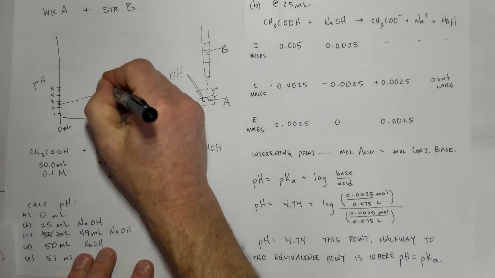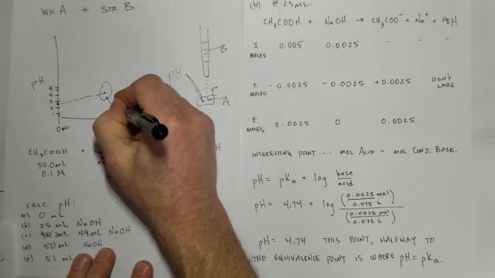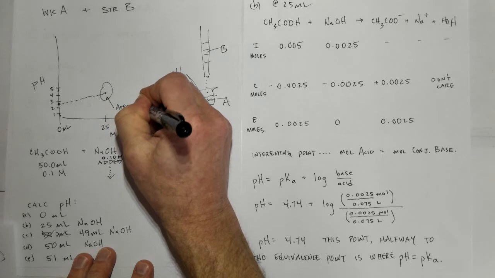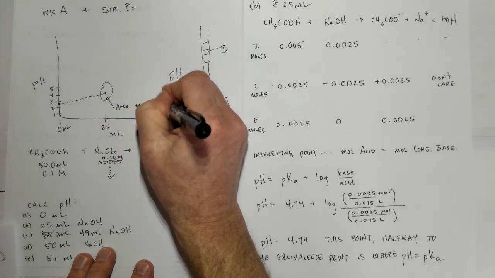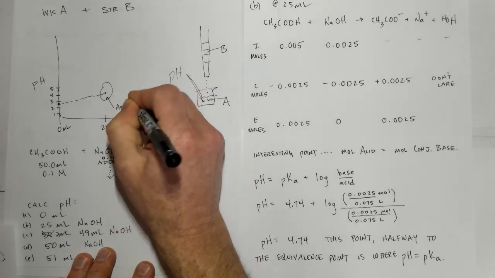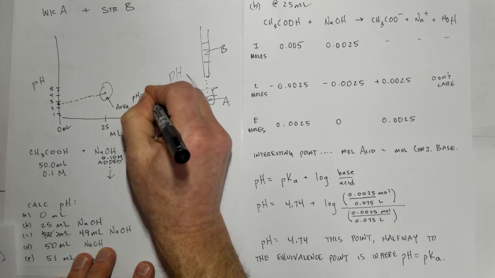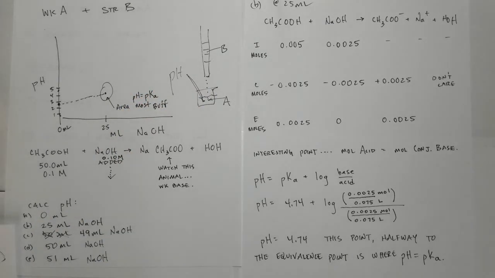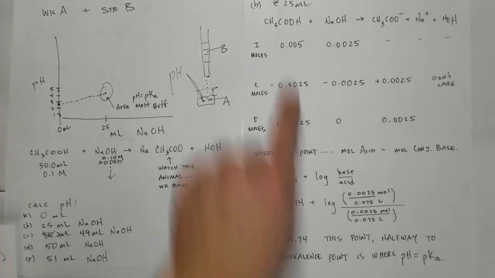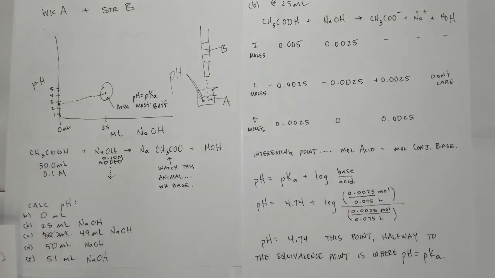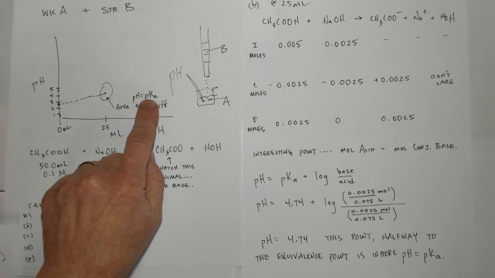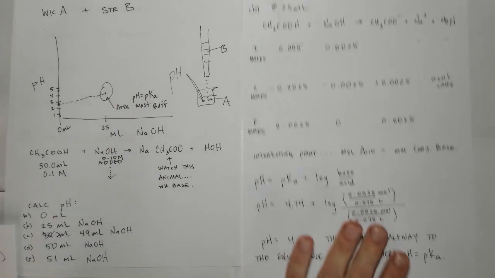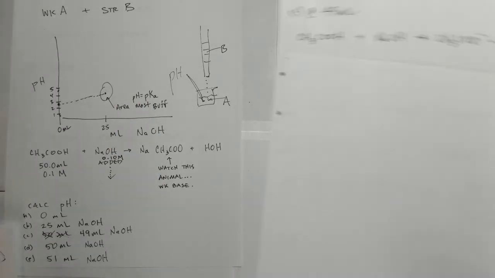This right here, I'm going to circle this quick, and I'm going to put area most buff, and I'm also going to say pH is equal to pKa. Really special point right there, halfway to the equivalence point. Half the number of moles right there. A good way to find out the pKa, or therefore the Ka of an unknown acid solution.